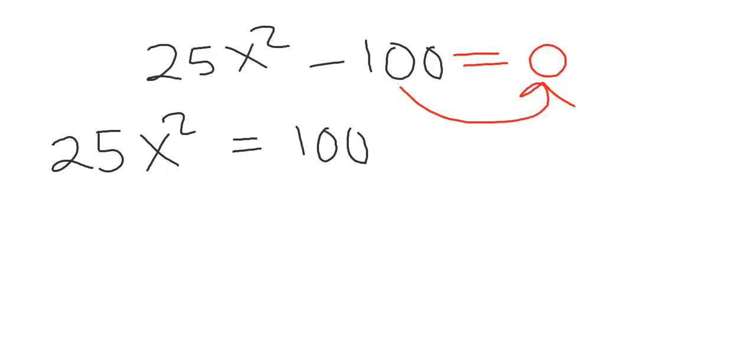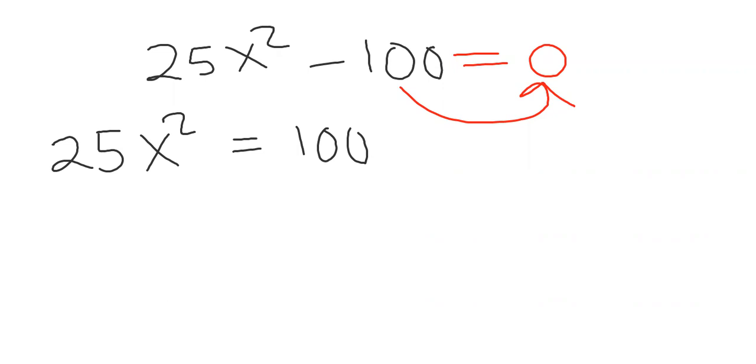Now, look carefully at the coefficient of x squared and see if you are able to take the square root of that coefficient and still get a whole number. I'll repeat that.